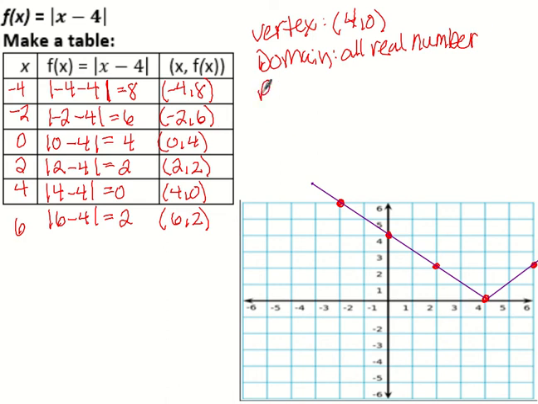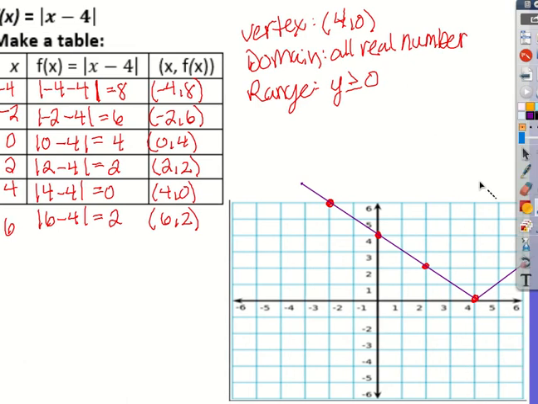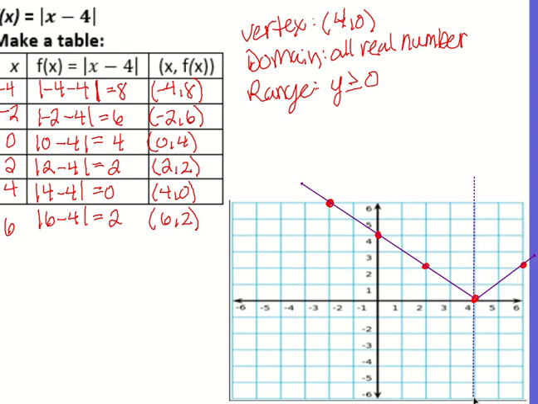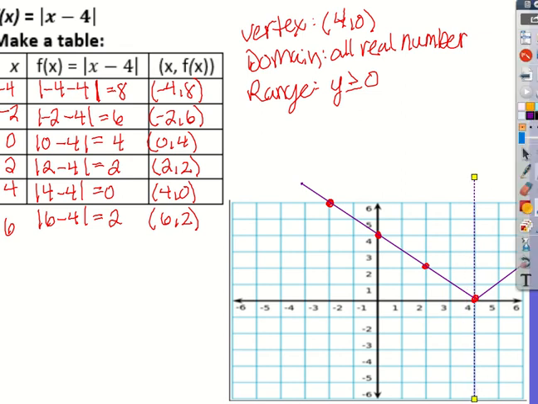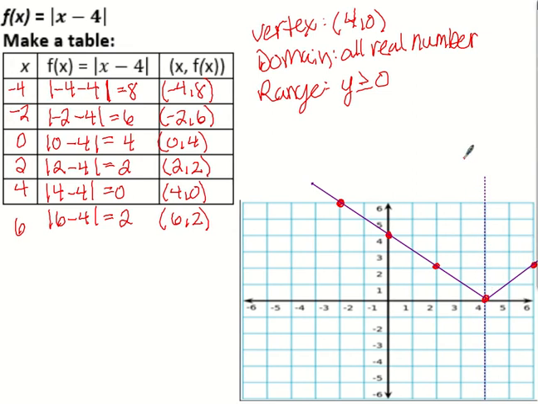And then my range, in this case, is just y greater than or equal to 0 because it doesn't drop into the negatives. And then my axis of symmetry has been shifted as well. Here's my axis of symmetry, and my axis of symmetry line is where x equals 4, right? That's that line right there. So just like my vertex shifted, so did my axis of symmetry.